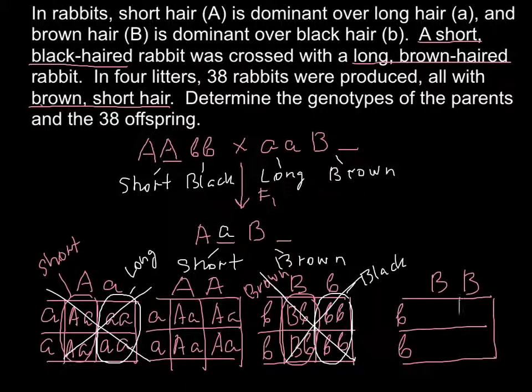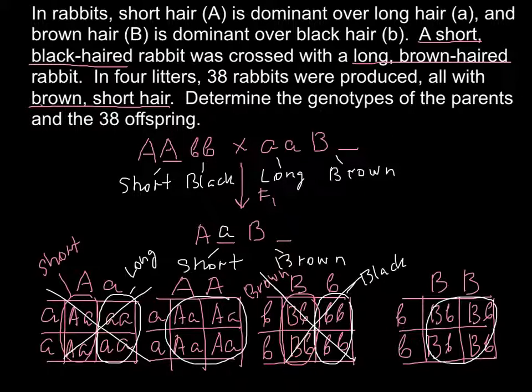And just like in the previous example, all the progeny are going to be heterozygous for this trait, and with simple Mendelian genetics, with simple dominance, we would have 100% here, just like in this example. When we have heterozygous, all the progeny are going to be brown, so 100%.